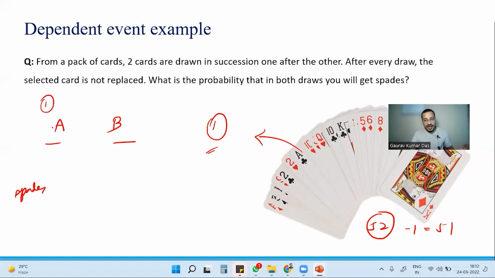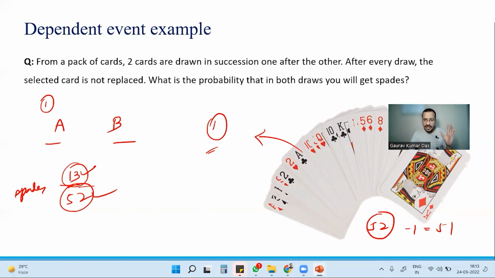So in the first draw, when you have all 52 cards, the probability of me getting a spade will be how much? How many spades are there in total? So the total number of favorable outcomes: there will be 13 spades, I believe, right? 13 of each of these types. And then we have 52 total cards, the total number of possible outcomes. Favorable outcomes divided by total outcomes. So 13/52. Now what they are saying is, in the next draw, what will happen? You have already removed this card.